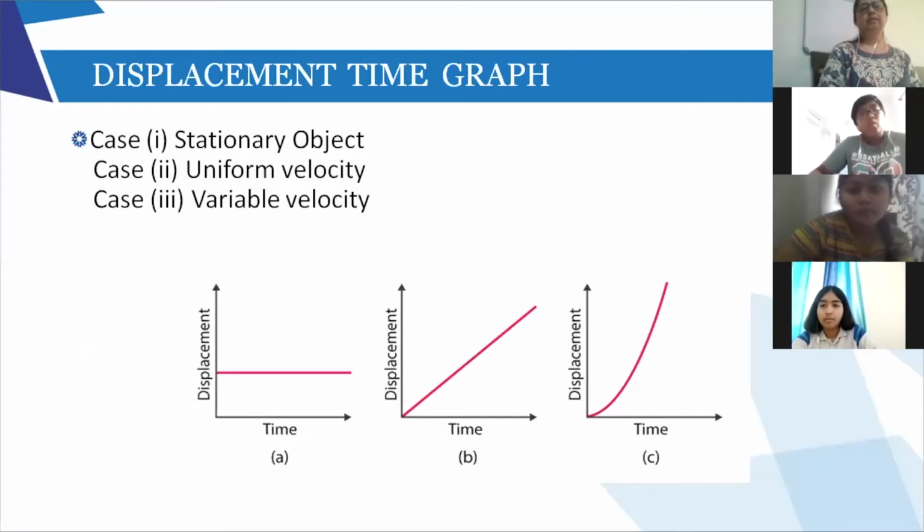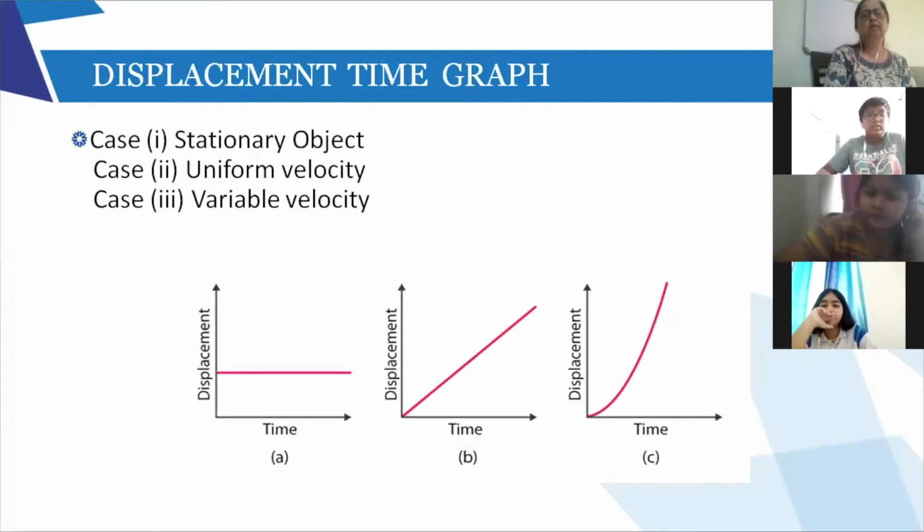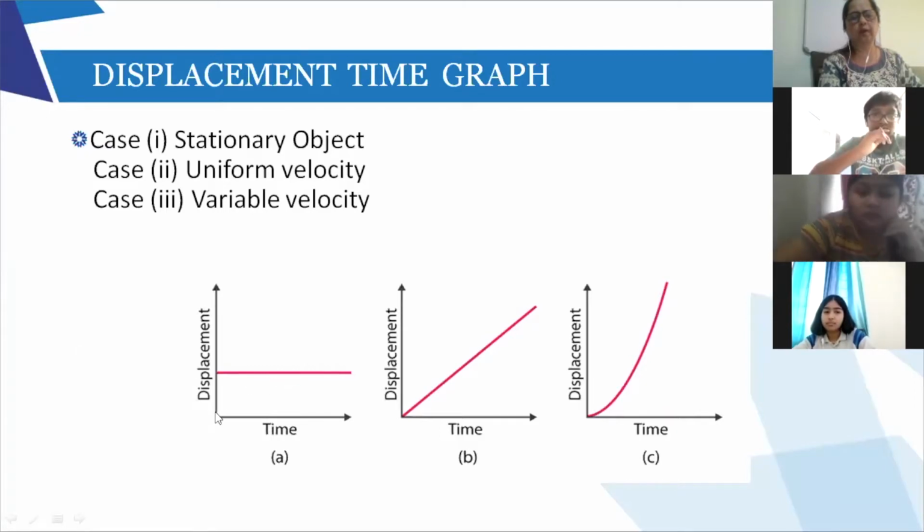Okay, now this is what you have done in 7th standard. Displacement time graph. The first case is a stationary object. The displacement is taken on the y-axis, time is taken on the x-axis. The object is at rest. So as the time passes, the displacement from a particular position is constant.